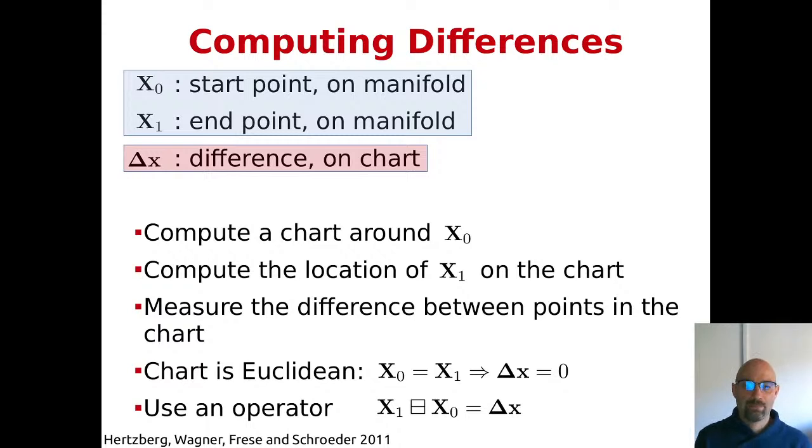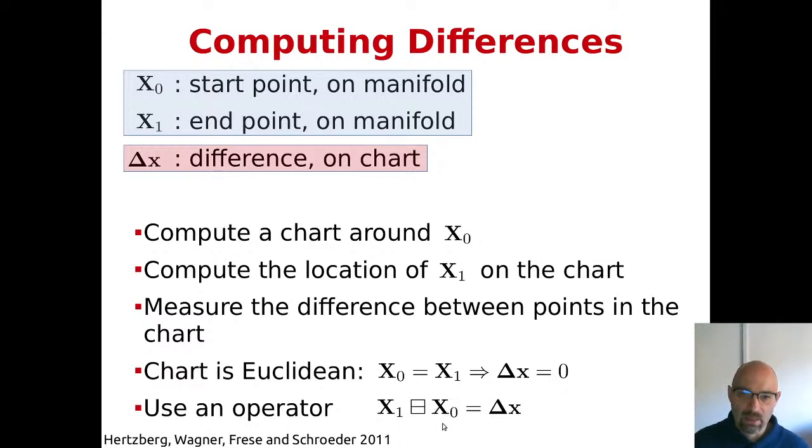We could wrap this operation, this algorithm: take the starting point, calculate the chart, localize the second point in the chart, and calculate the Euclidean difference on the chart, by defining a so-called operator that we call box minus. This is the difference between x1 and x0.